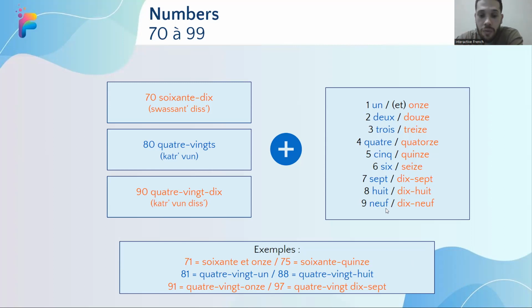Now we have to look at the previous one, which is 80. So 80 works a little differently. Again, we don't have a word for 80. In French, we would say quatre-vingts, which basically means 4 times 20. Not that important, just remember that 80 is quatre-vingts. Now, numbers from 80 work like the numbers from 21 to 69 worked. You just have 80 and then you add the other numbers.